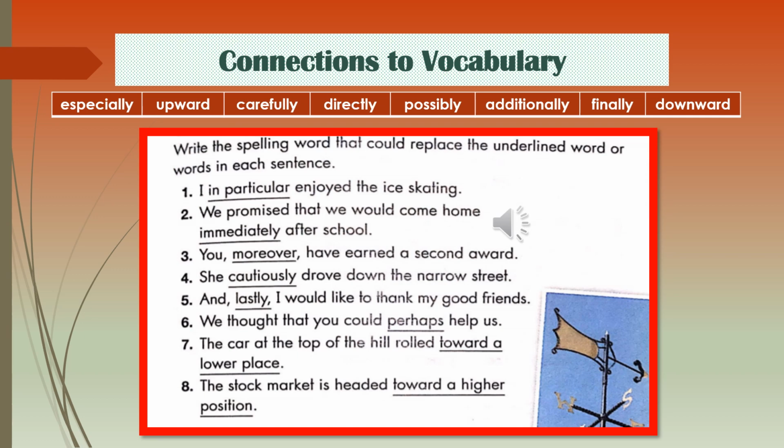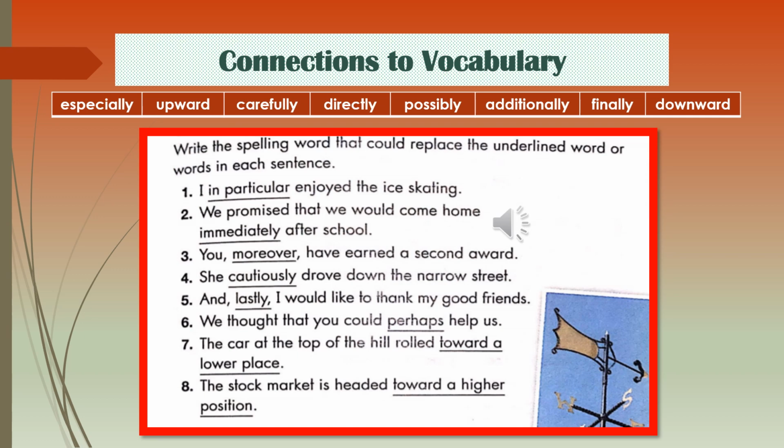Okay, now you know the definition for these words because they are in the previous pages. You have the definition and you have a sentence where the word is included. Okay, now let's read the instruction. Write the spelling word that could replace the underlined word or words in each sentence.